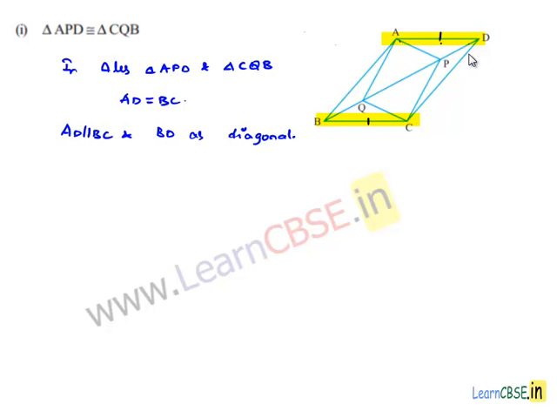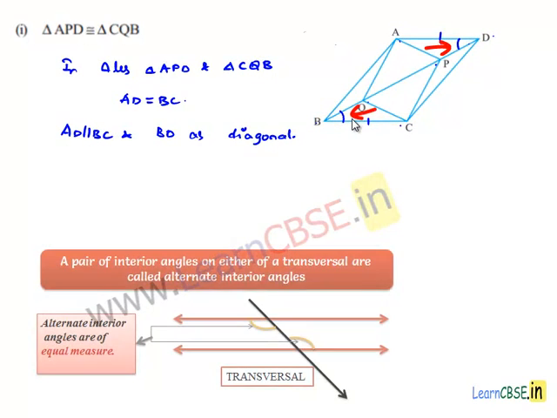Then we get angle ADP is equal to angle QBC, as AD is parallel to BC and BD is diagonal or transversal. We can say the alternate interior angles about the transversal will be equal.